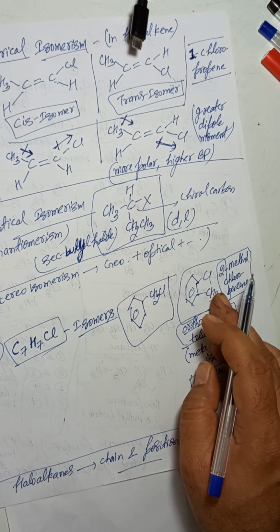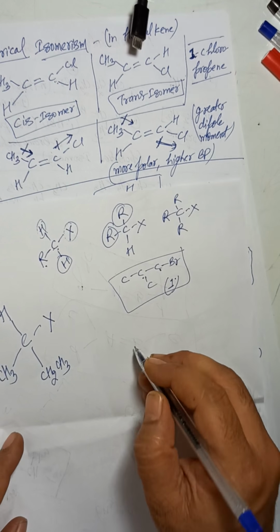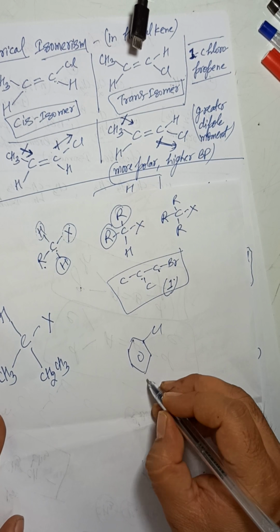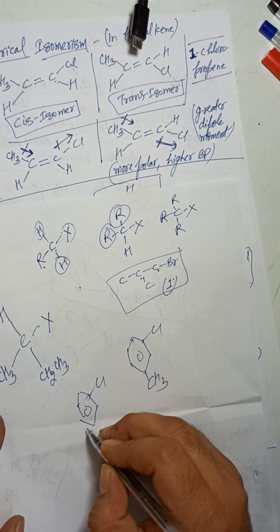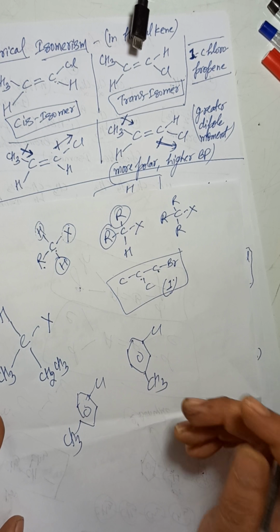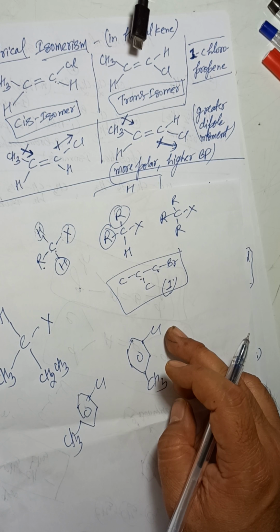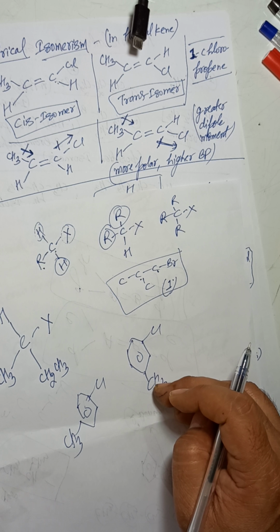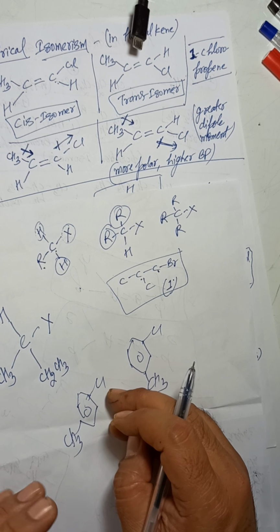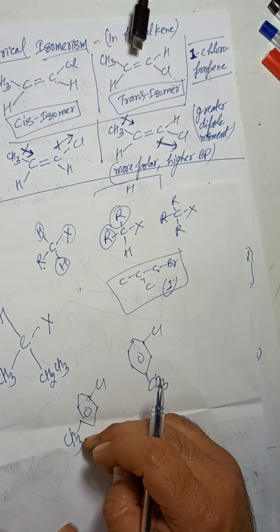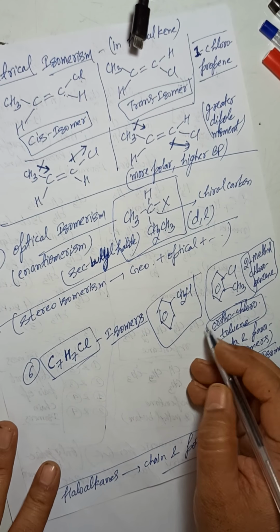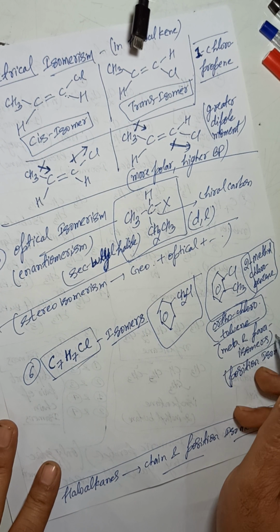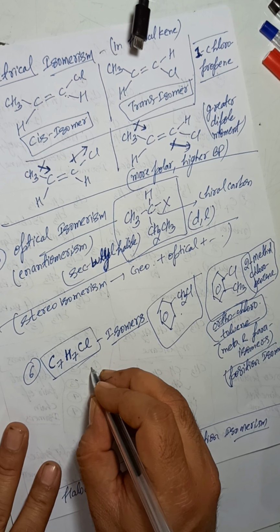Then the meta isomer and the para isomer. If you put Cl anywhere and CH3 is at the 3 position to it, it is the meta isomer. If CH3 is at the 4 position to it, it is called the para isomer. One, two, three, 4. Here ortho, meta, para. This is benzyl chloride plus.